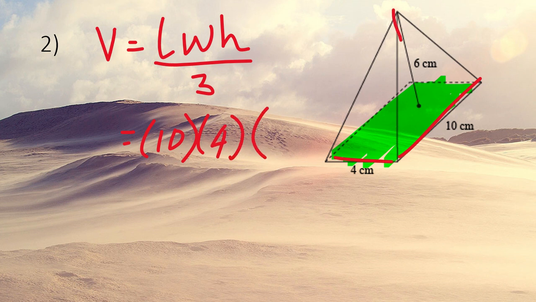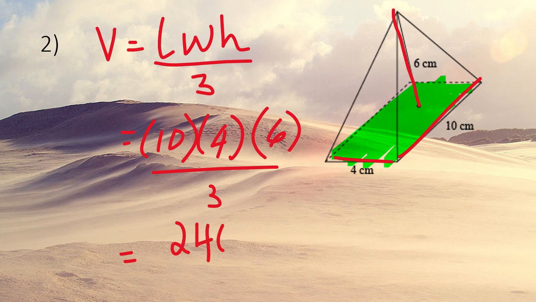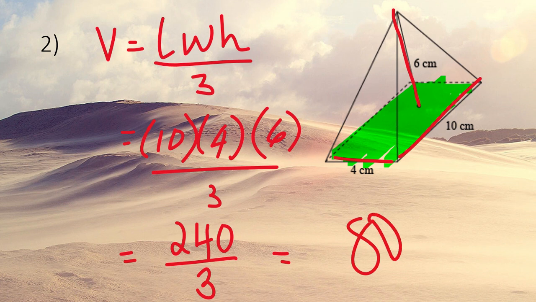And inside, they're showing us how tall it is, and that's 6. Divide by 3. So 10 times 4 is 40. 40 times 6 is 240. And then divided by 3, that's going to be 80 meters cubed. Okay.